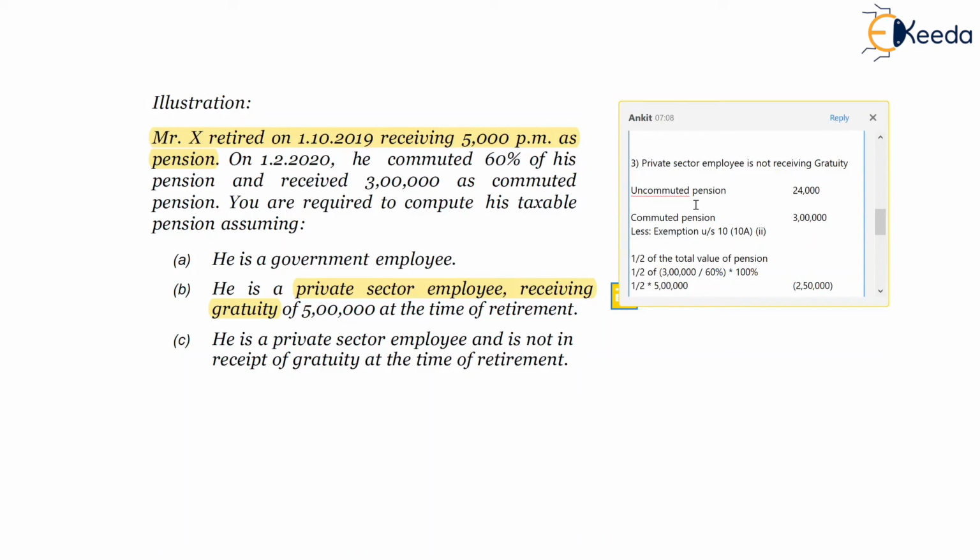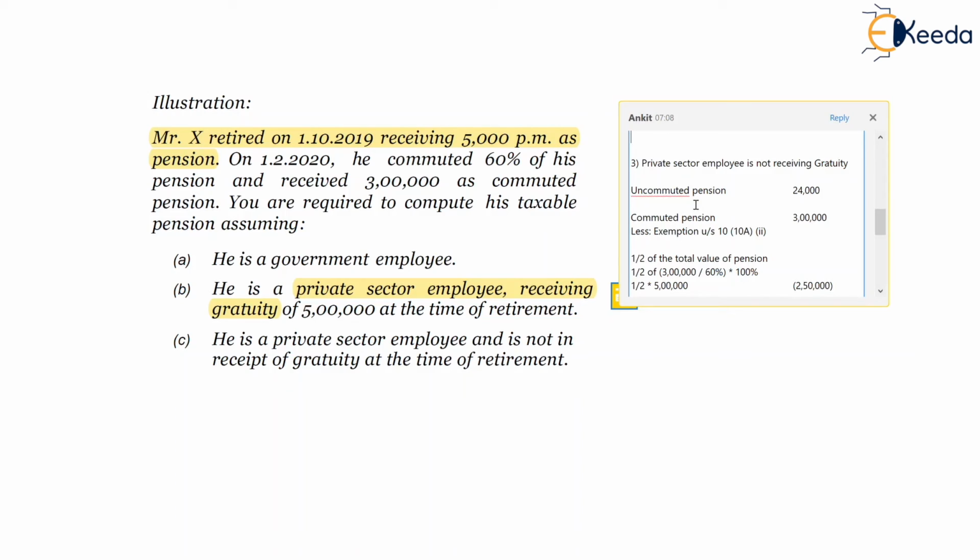So, friends, here we have understood how to compute the exempt portion in case of commuted pension, right? The formula you have to understand is that you calculate the total value of the pension, and on the total value of the pension, you apply the percentage.